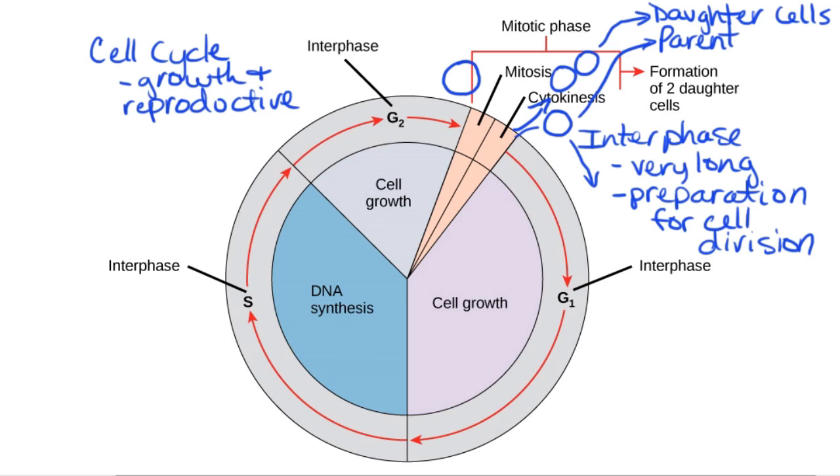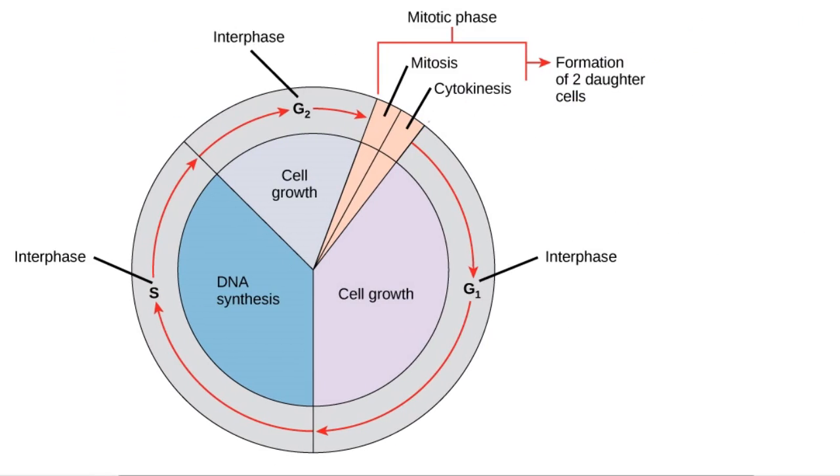So now what we want to do is talk more about the individual phases of interphase and what would be actually occurring in the cell at that particular moment in time. The first stage of interphase is G1. So if we look over here, G1 stands for gap 1. And if we talk about things that are going to happen in gap 1, you'll see that right here it is labeled as cell growth.